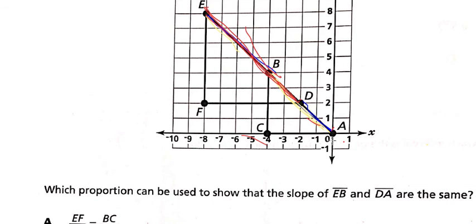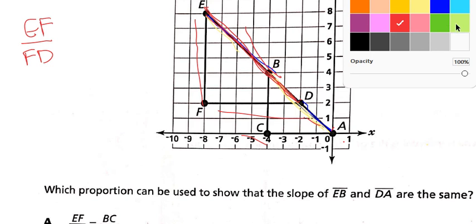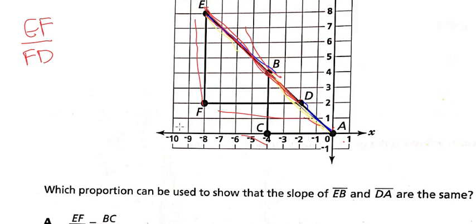So what I'm going to be doing right here is thinking about how I could get the slope of E to D. Well, to get the slope of E to D, I would want the rise over the run, the vertical over the horizontal. Well, the vertical there is EF, and the horizontal there is FD. Well, I would want to prove that that right there was the same as this right here.